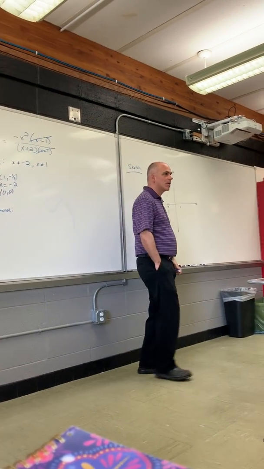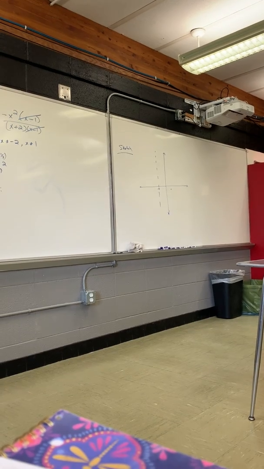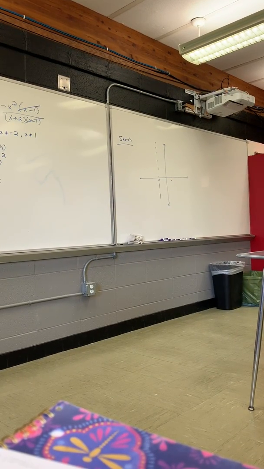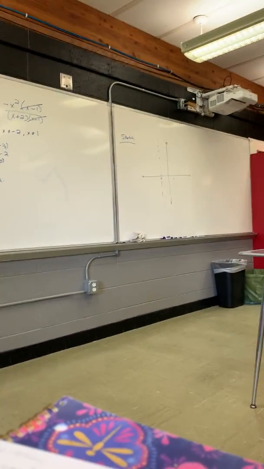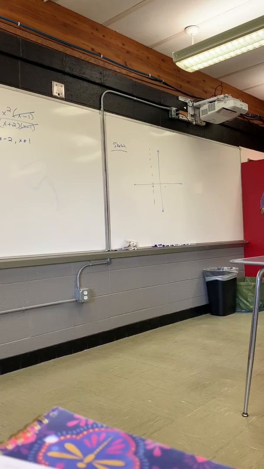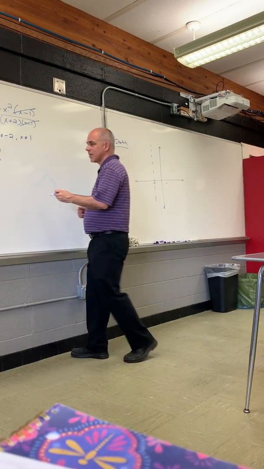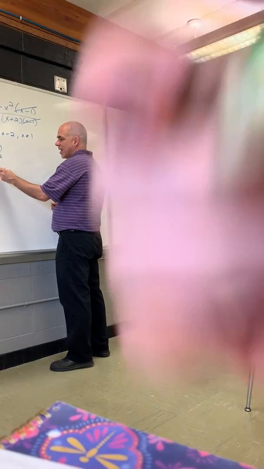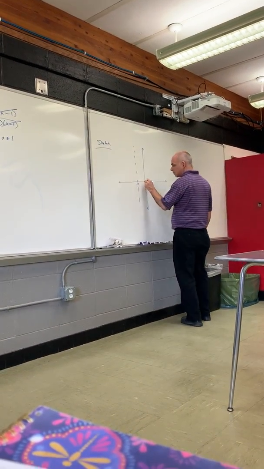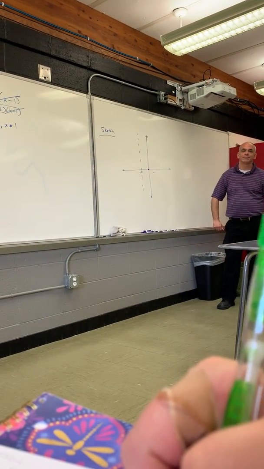Top is going to be 0 when I put 0 in. Here's the problem. If I put 0 in for x, I have 0 divided by 2, which is still 0. So my x-intercept and y-intercept both occur at the origin. So I know I have a point at the origin.